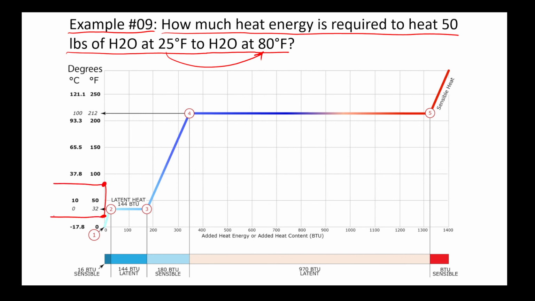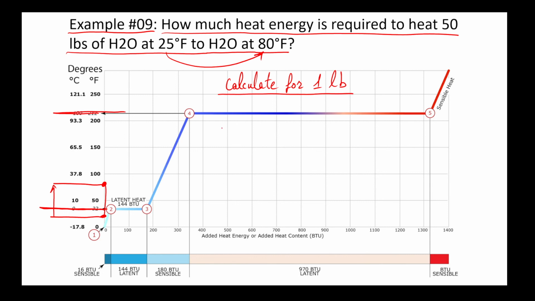Now, when you are traveling in that direction, you must stop at the melting point, or if you pass 212 degrees, you must stop at the vaporization point. It's a must, because that has its own calculation. I know the question is asking for 50 pounds, but we're going to calculate for 1 pound, and then multiply the result by 50.